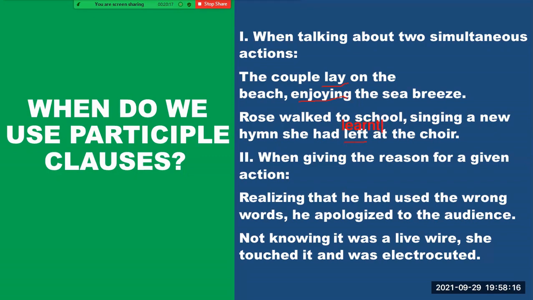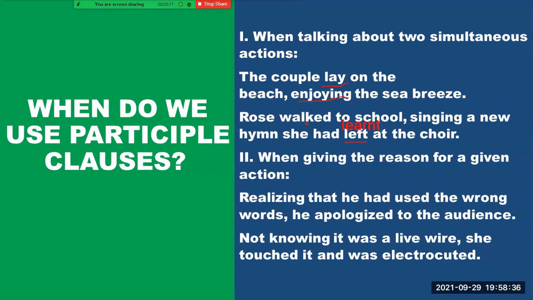Now two things are happening here. She was walking to school, and at the same time, she was singing a new hymn that she had learned at the choir. All right.